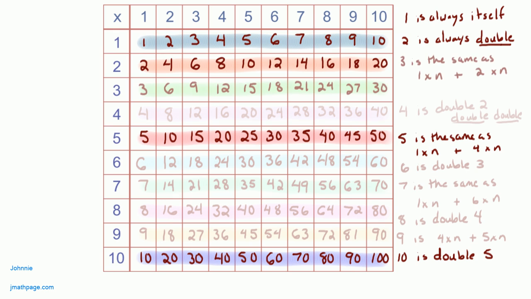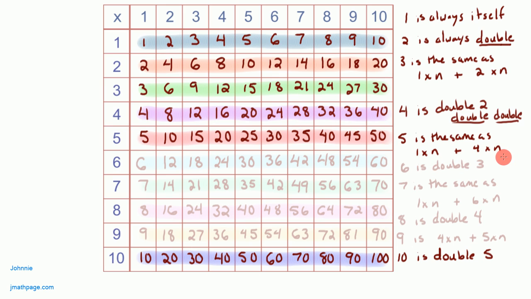With our 3's, we added the 1's and the 2's to make the 3's. 1 times a number plus 2 times a number makes the 3's. 4's were always double 2 or double double. And our 5's, 5 is the same as 1 times a number plus 4 times a number.